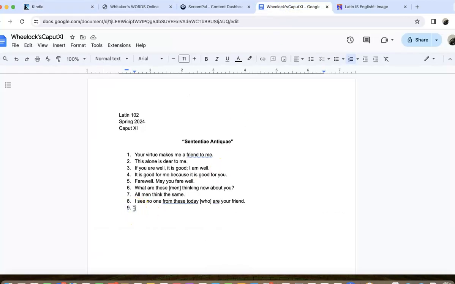So let me write that down, that'll explain it. So the people, homines, were able to see, poterant, the head, caput, of Cicero, on the rostra.